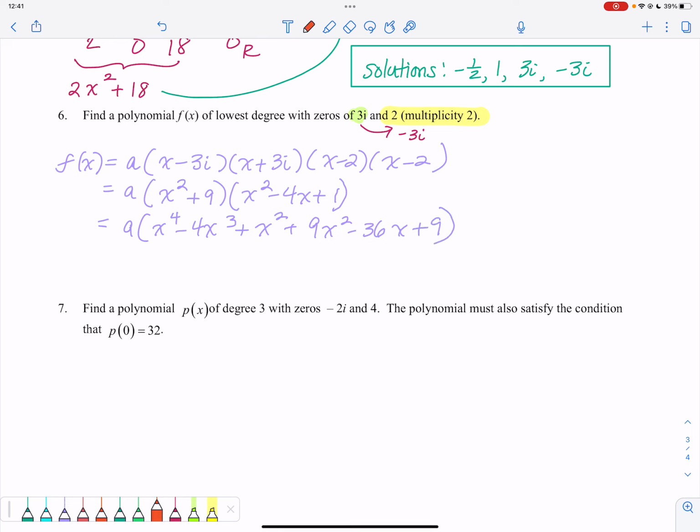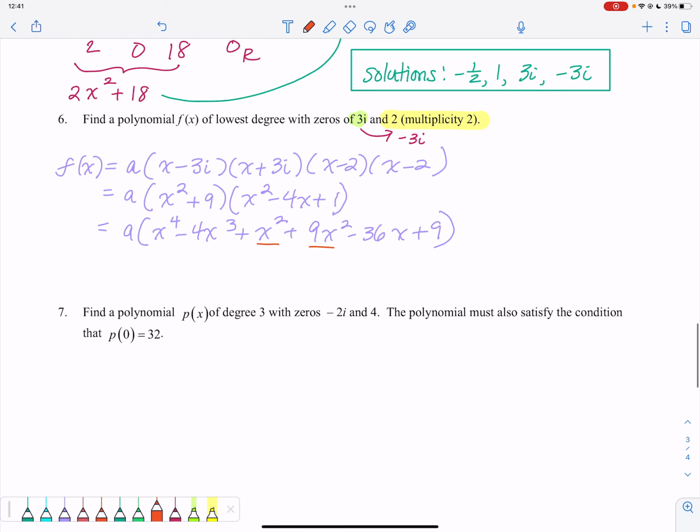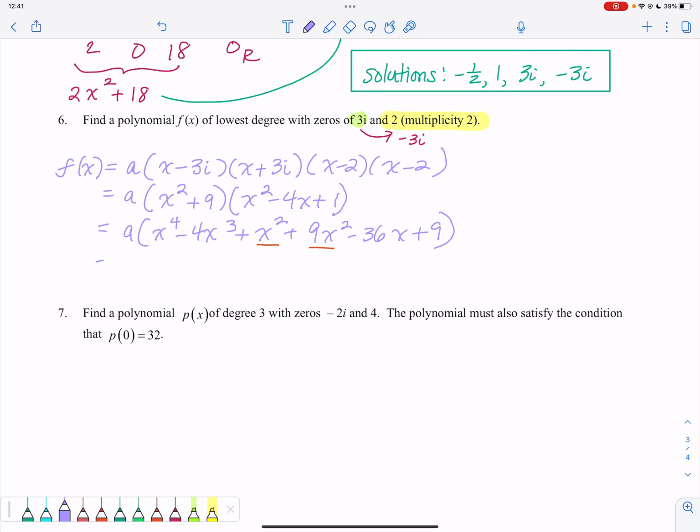And then we do have a few like terms. So we have a multiplied by x to the 4th minus 4x cubed plus 10x squared minus 36x plus 9.